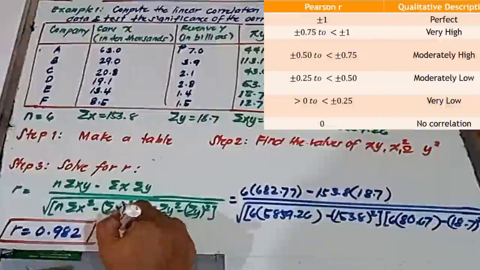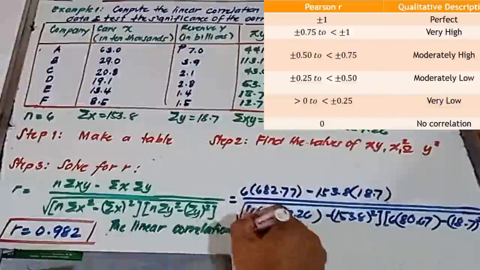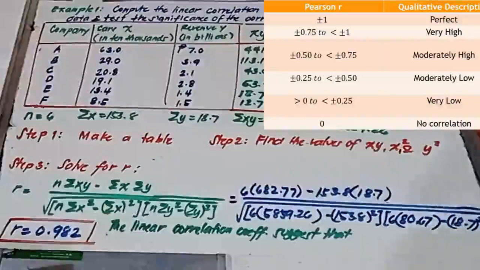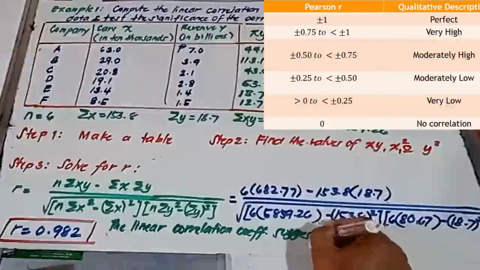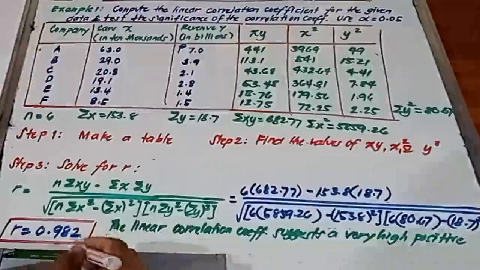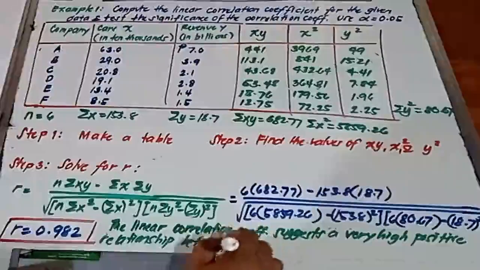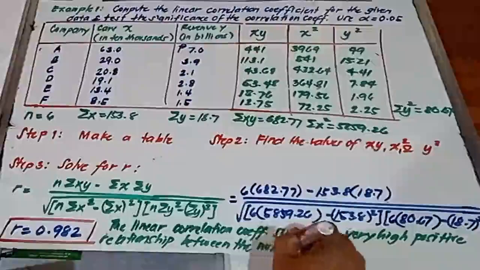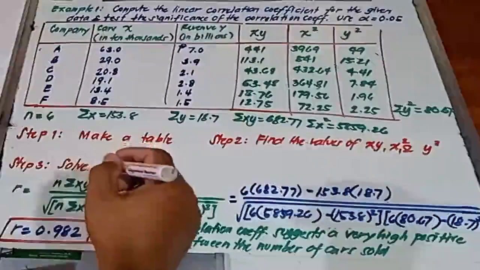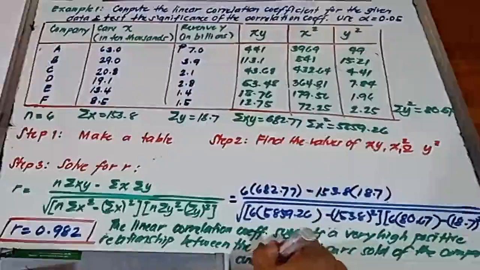The linear correlation coefficient suggests a strong, or a very high positive relationship between the number of cars sold of the company and its revenue.